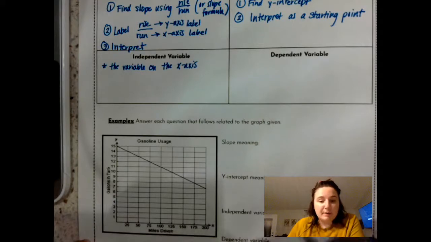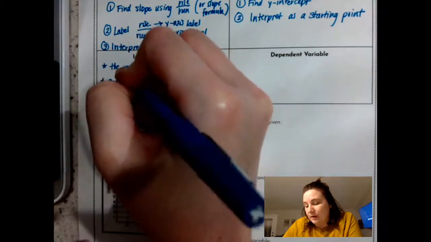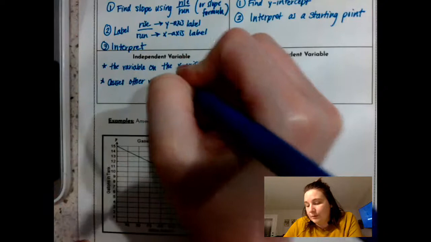And you can also remember your biology definition. You can remember that the independent variable causes the change in another one. So we can say it causes the other variable to change.